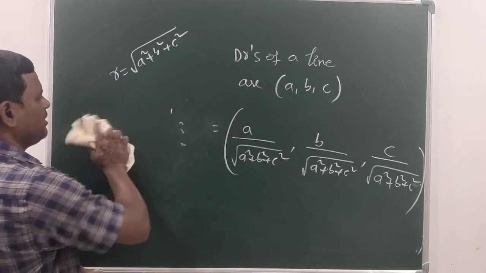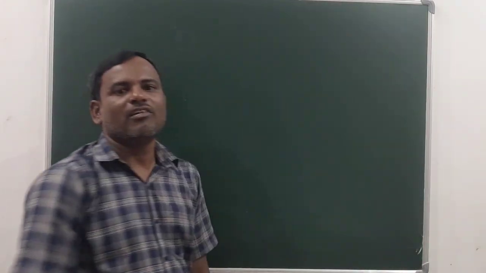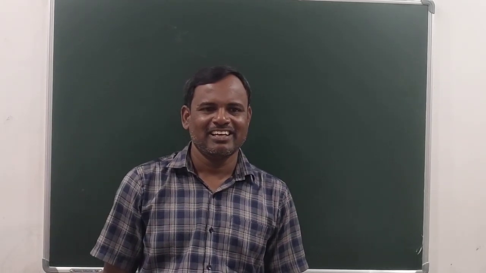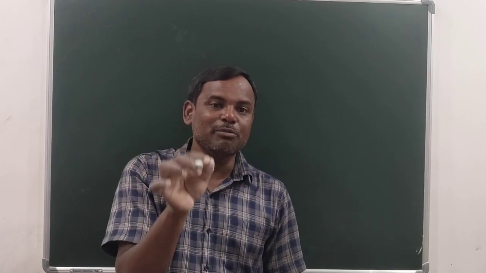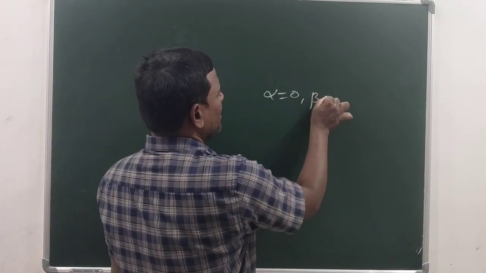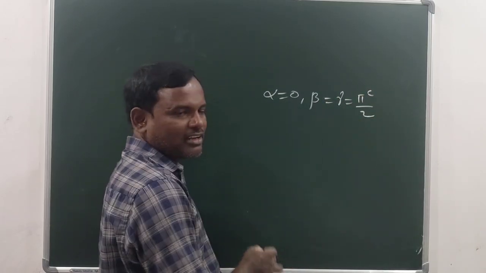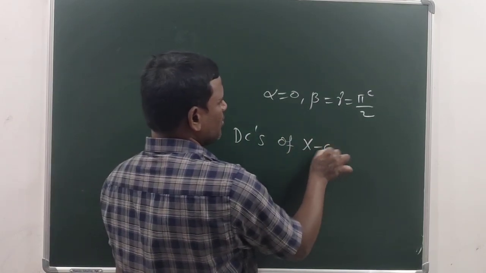Okay, right. Next, students, what are the direction cosines of the x-axis? When you draw a line on the x-axis, the angle between the line and x-axis is 0. So alpha is 0, and beta and gamma equal 90 degrees. Then DCs of the x-axis, what do you get?